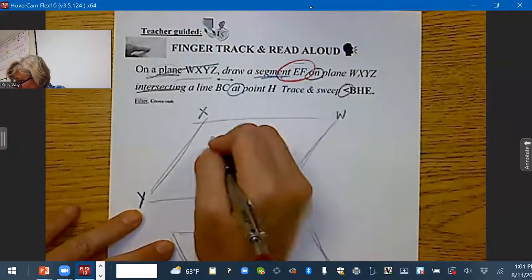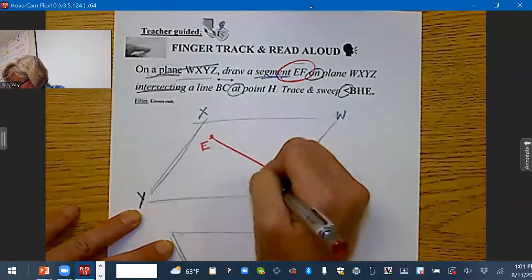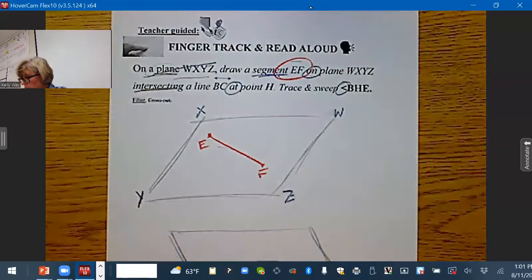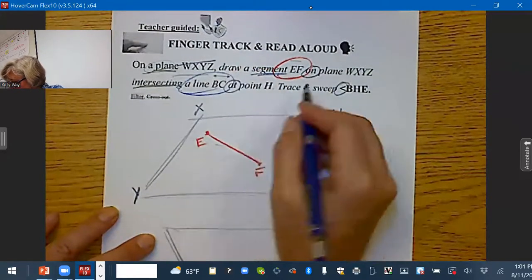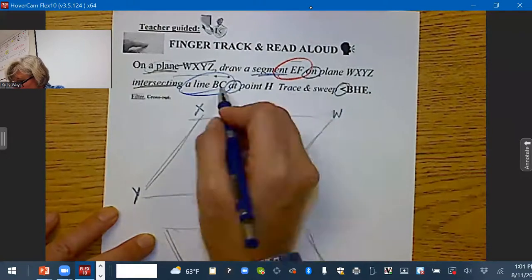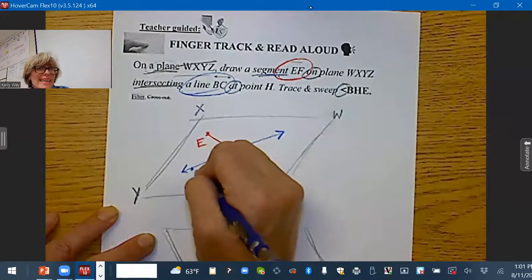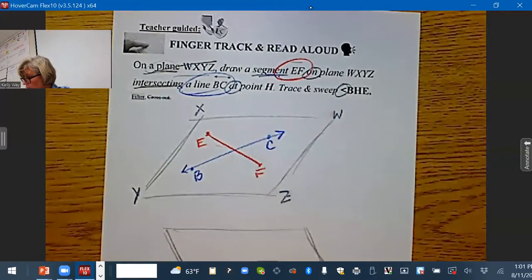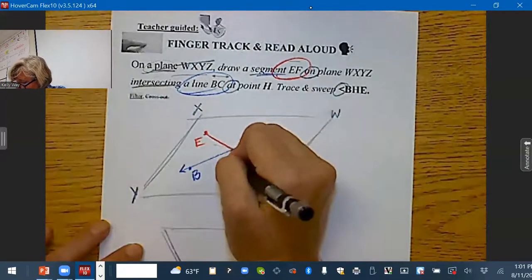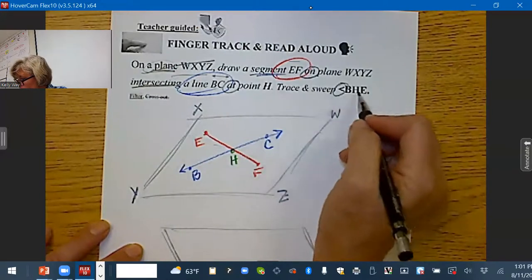Draw a segment EF on the plane. So EF is on the plane. Doesn't matter which way I tilt that segment. But we're intersecting another line, BC. That's a segment. This is a line. So a line must have arrows, B, C, and they intersect at point H. Trace and sweep, BHE.